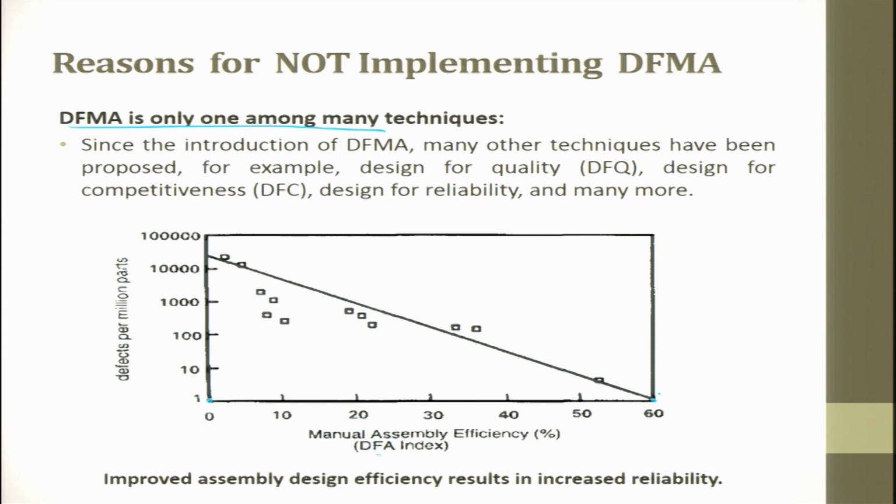When the manual efficiency goes down, that means to say there are many mistakes done. So many defective parts are produced per million. Okay. So, this is an index which clearly says why we should go from manual assembly to automatic assembly. So, if it is one defect, the manual efficiency is 60%, per million.